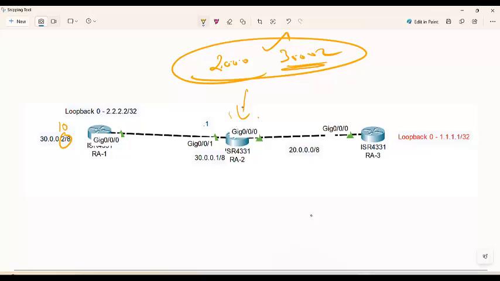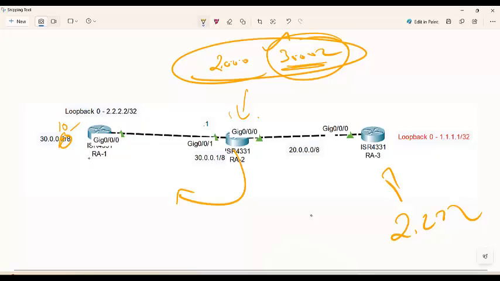That will cause problem. The traffic won't go because it is trying to send to 30.0.0.2. If anyone is pinging from here 2.2.2.2, this router is sending to 30.0.0.2. That doesn't exist. It's already changed to 10. So the ping never happens.